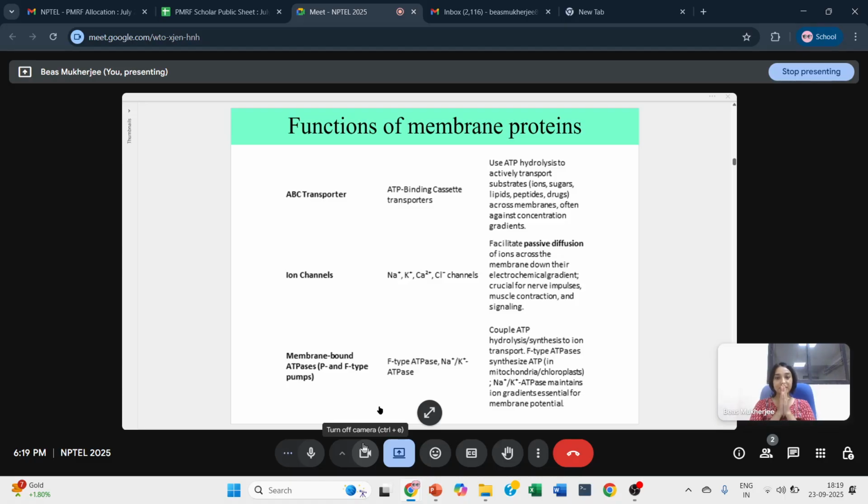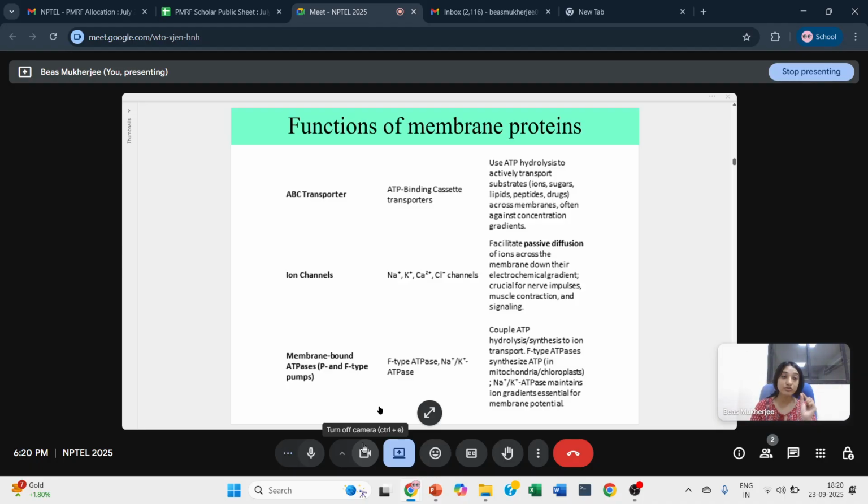So, coming to the F type. F type ATPases, Na+ K+ ATPases, couple ATP hydrolysis or synthesis to ion transport, and F type ATPases are important for synthesizing ATP in mitochondria and chloroplast.